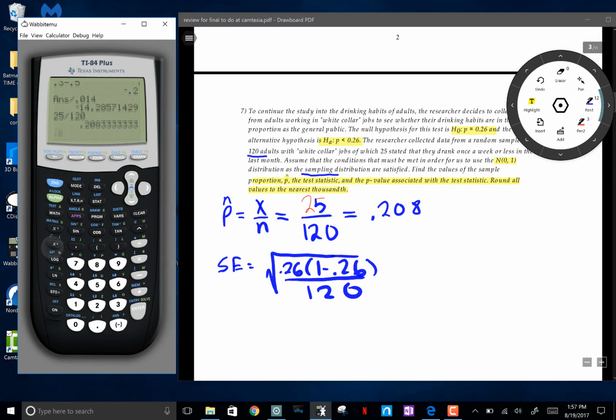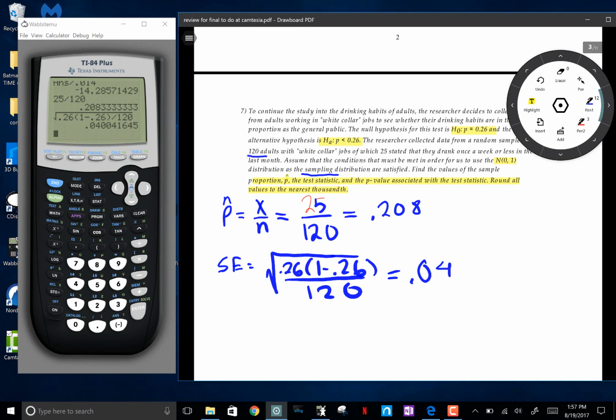So we do the square root of 0.26 times 1 minus 0.26, divided by 120, and we get 0.04 as our standard error.